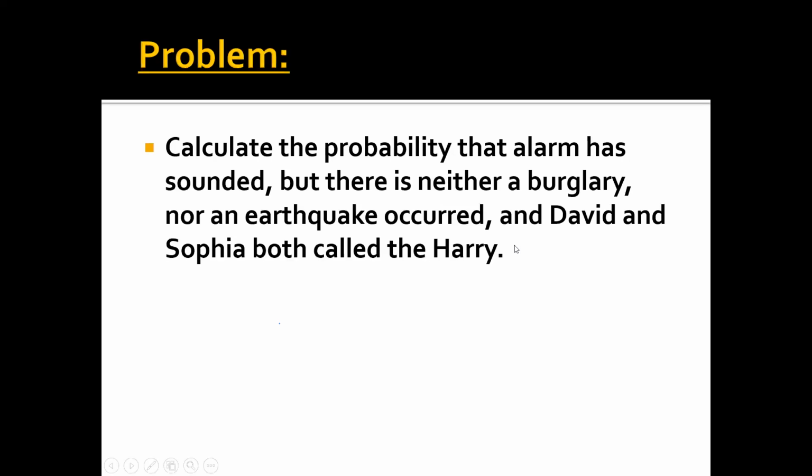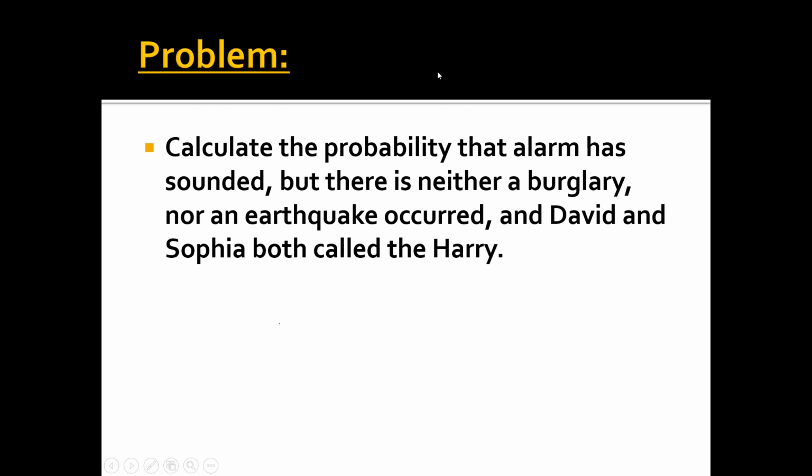So next, this is the problem for solving the Bayesian belief network. The numerical which is given to us states that we have to calculate the probability that an alarm has sounded, but there is neither a burglary nor an earthquake, and David and Sophia both called Harry.